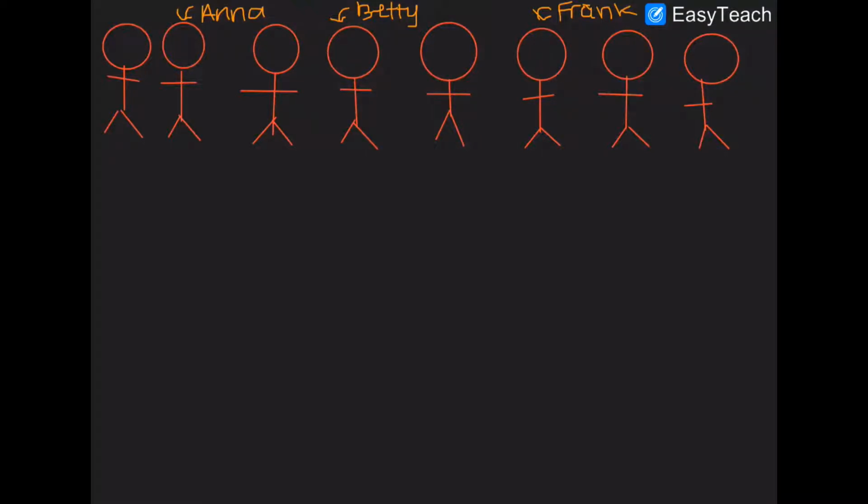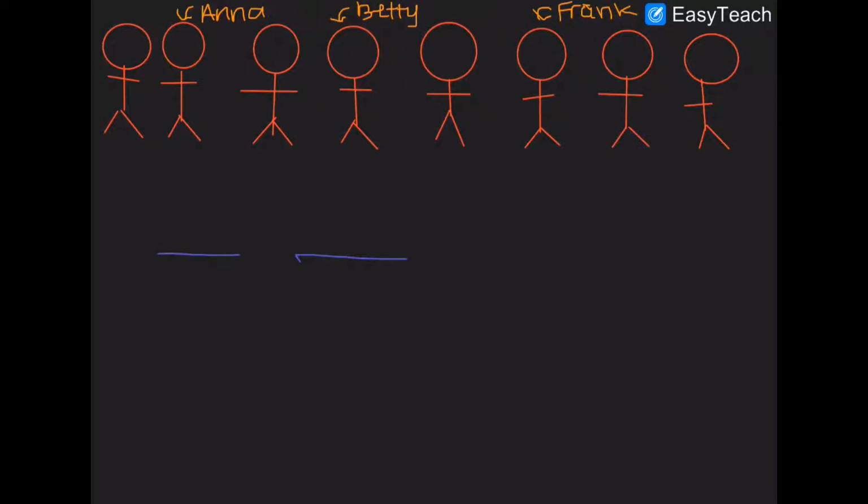How many ways are there to select 3 people from a group of 8 people if order doesn't matter? As you see, I have put 8 stick figures on the screen. So let's take a look at how we would attempt this.